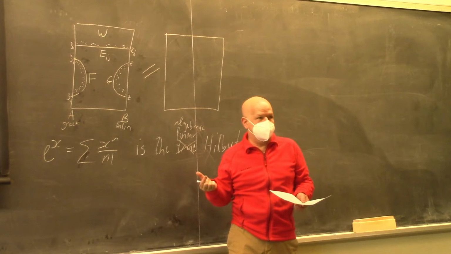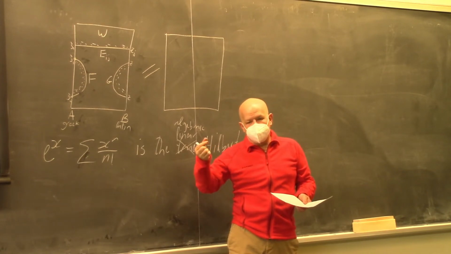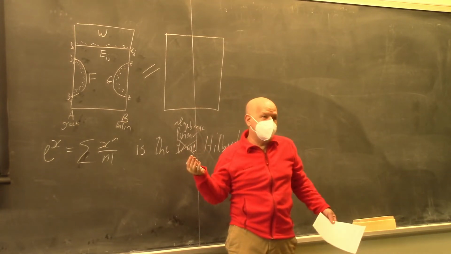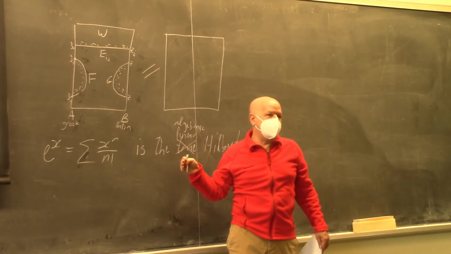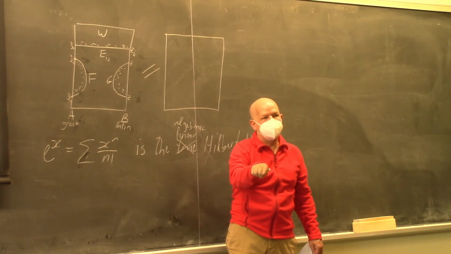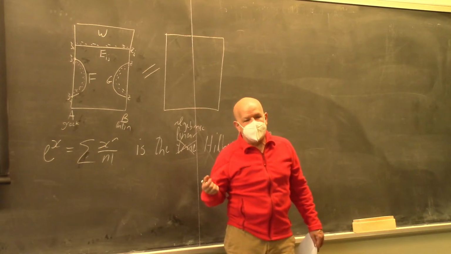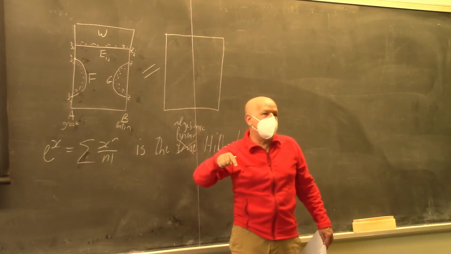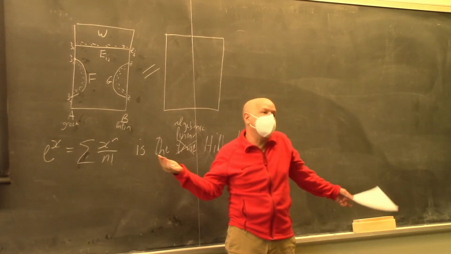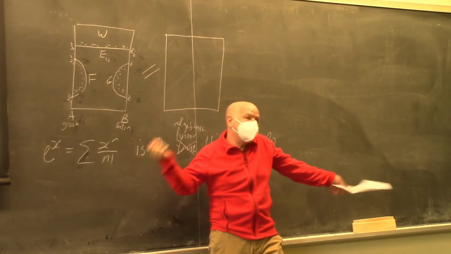So, the story about the Hilbert Hotel is that it is a hotel with a countable number of rooms. The fun thing about it is that even if it's full, you can make room for another guest, because you push all the guests one room to the right, and then the first room becomes empty. Or let me say differently, if you cancel one room in the Hilbert Hotel, it's still the Hilbert Hotel.